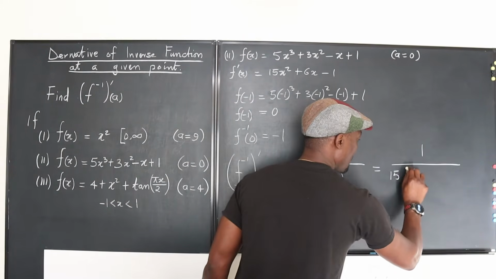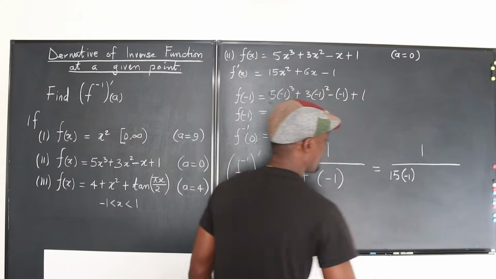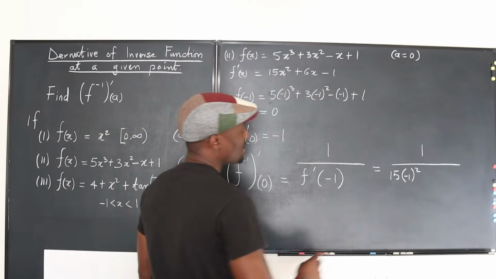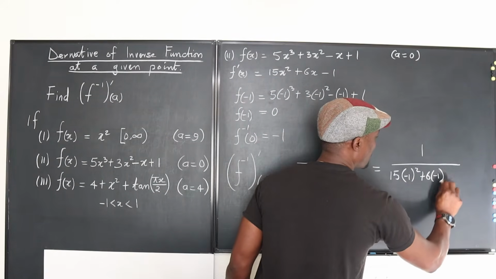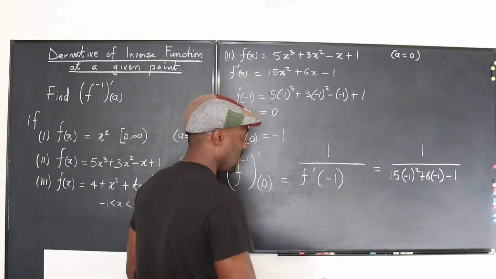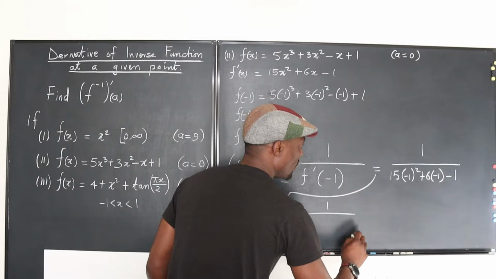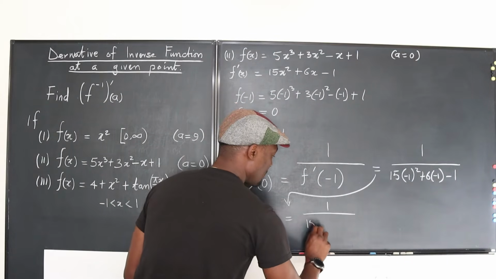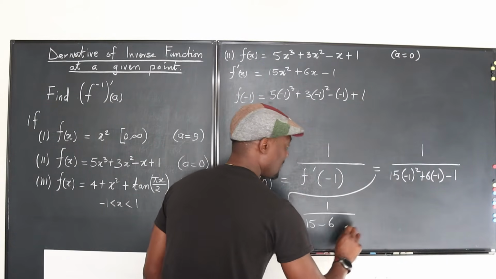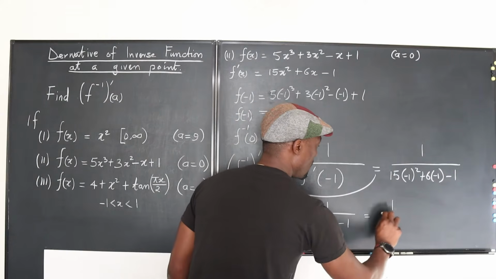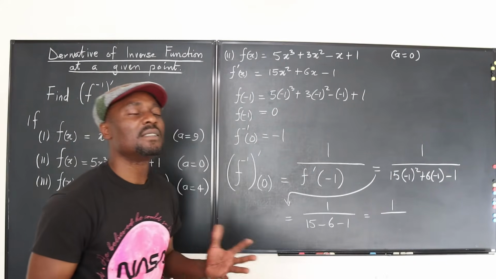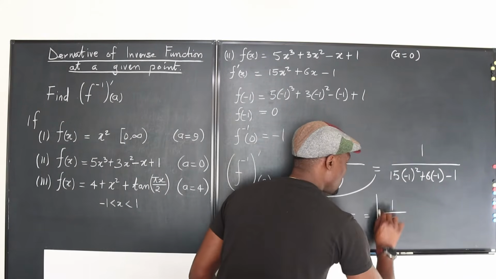That's going to be 15 times negative 1 squared plus 6 times negative 1 minus 1. Well, let's bring it down here. That tells us that our answer is 1 over, this is going to be 15, and this is going to be minus 6, and that's minus 1. So that's 1 over 15 minus 7, which is 8. And that's how you solve this.